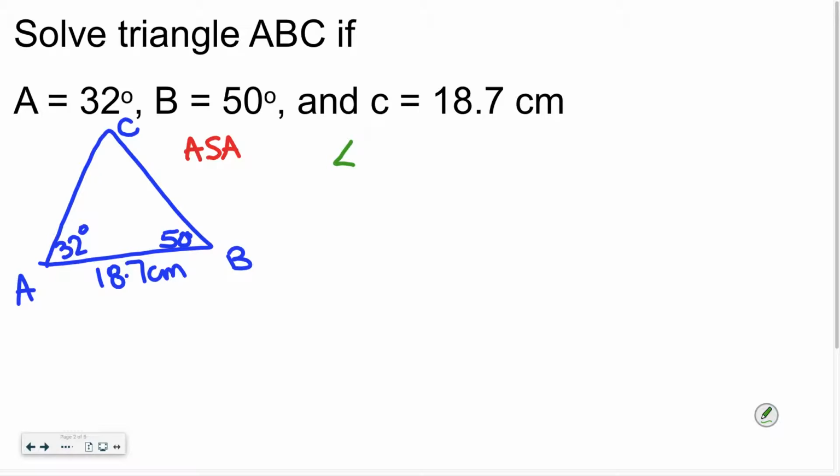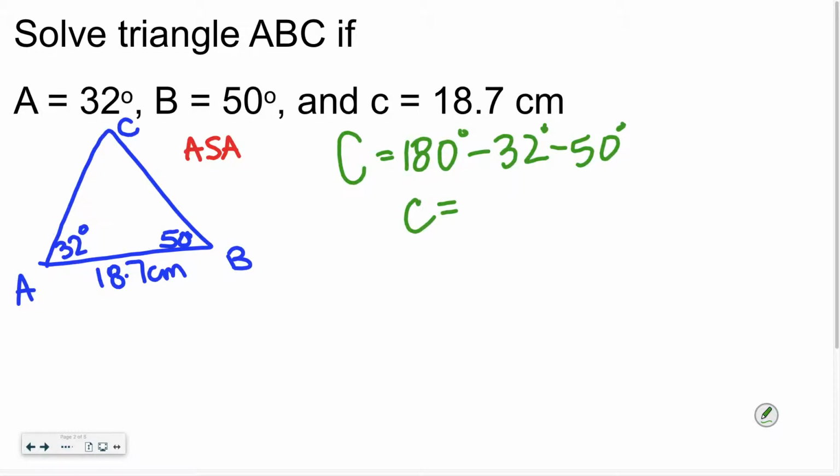So angle C, capital C, is going to be 180 minus the other two angles, which gives us what? 98. And what's nice about that is we don't have to round or anything. We know that is exactly what it is. Okay? All right. So we know that angle C is 98 degrees.